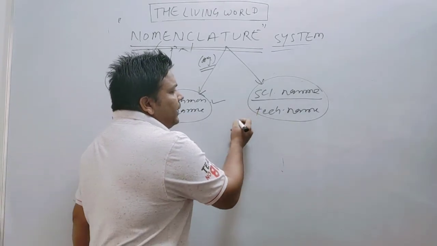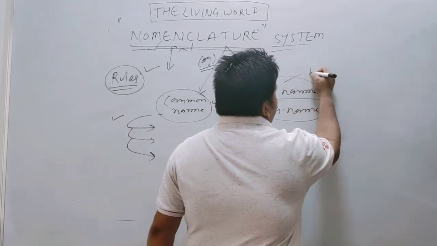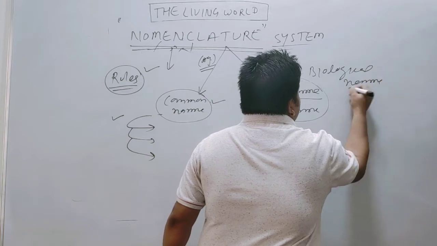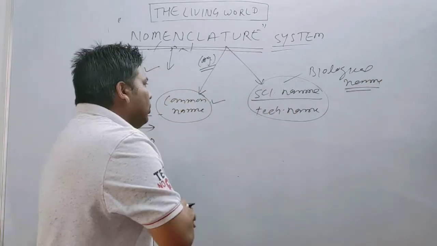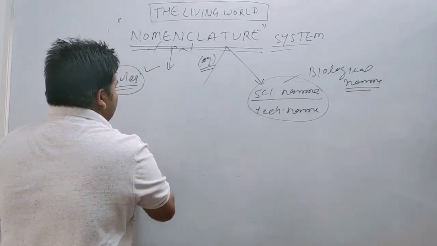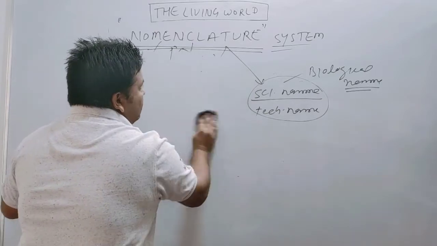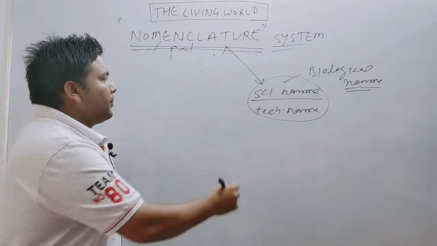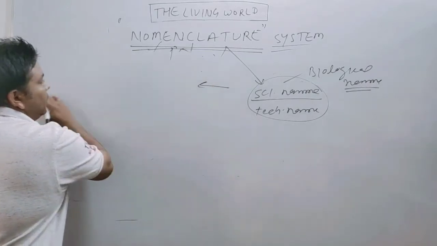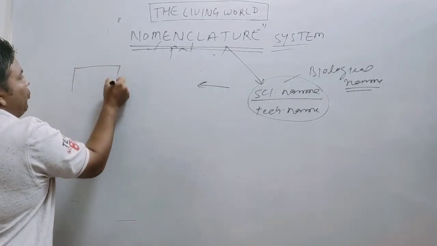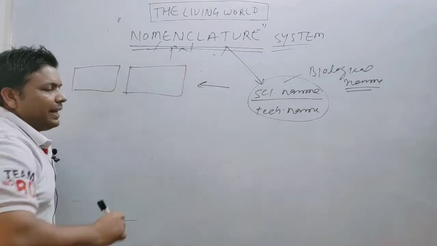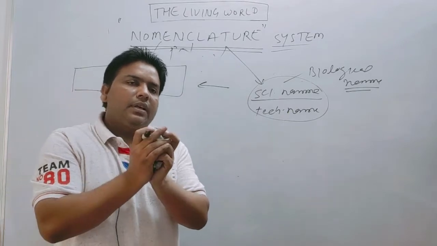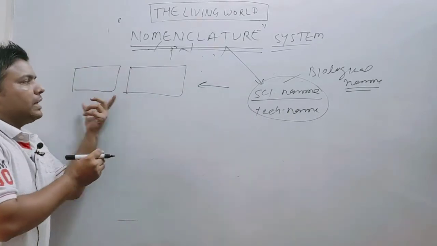If we see the scientific name, biological source, we can also call this a biological name or source. Now there is some system of nomenclature which includes the scientific name or the technical name or the biological name. We divide the name of the organism in two parts, two names, the first word and the second word.